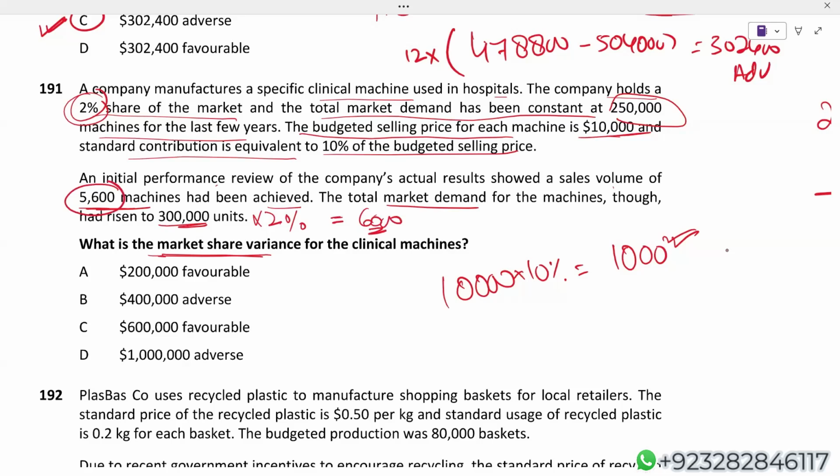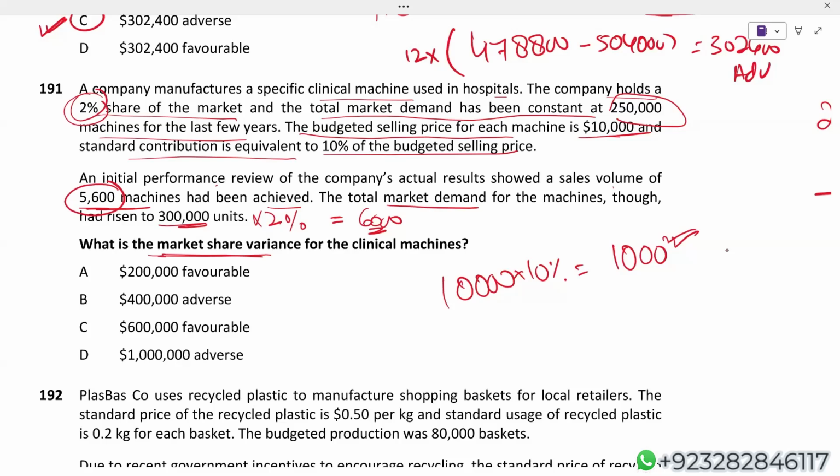Now basically your budget has been revised. The market share remains the same at 2%, but in order to maintain that 2%, we should have sold 6,000. The revised sales volume should have been 6,000 rather than 5,600.